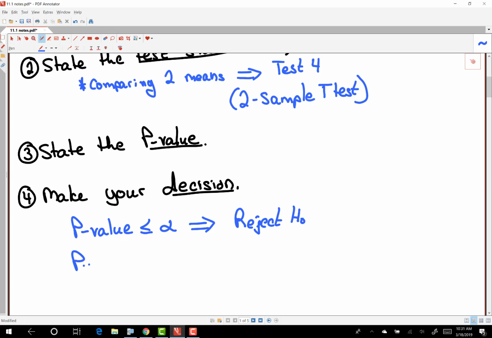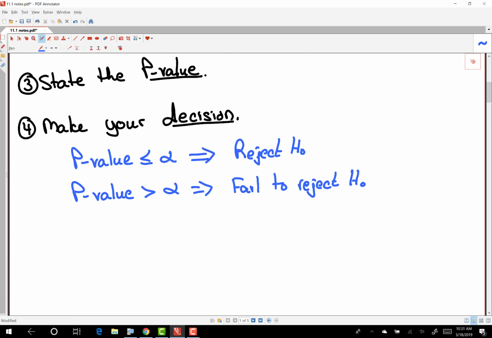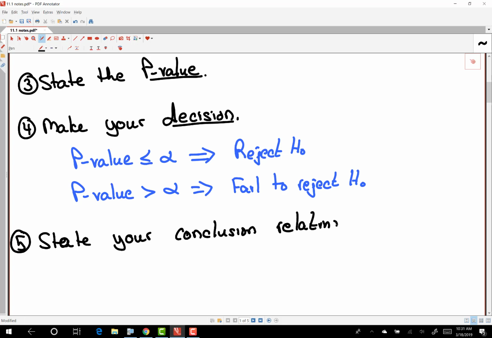If your p-value is greater than alpha, you fail to reject H0. And then finally, of course, you have to state your very specific conclusion, relating it specifically to the problem.